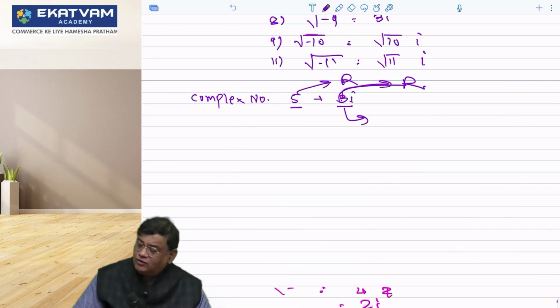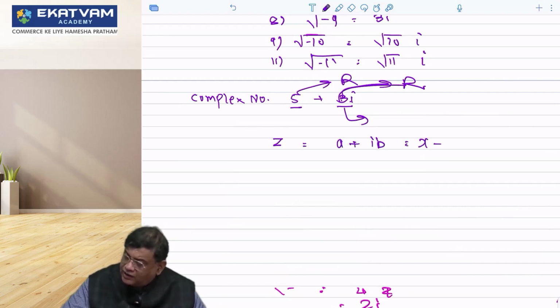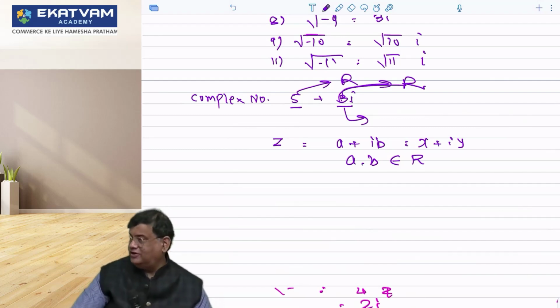And therefore, a complex number is generally denoted by Z. That is written as a plus ib or x plus iy, and in that, these a and b belong to real numbers. a is a real number, b is also a real number. Of course, bi is an imaginary number.